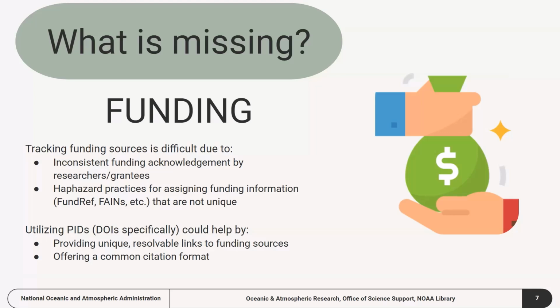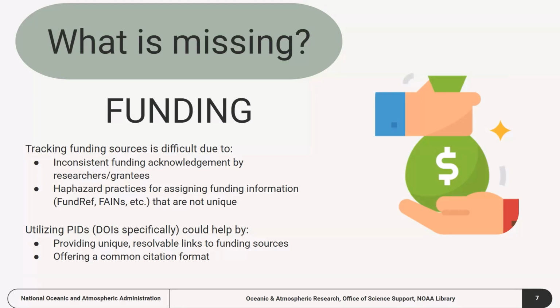Funding is acknowledged inconsistently by authors across the board. There's a lot of haphazard practices for even assigning funding. I'm going to call them identifiers, but they don't quite fit into the true definition of what a persistent identifier is. And some of those identifiers that funding entities use are not actually unique.